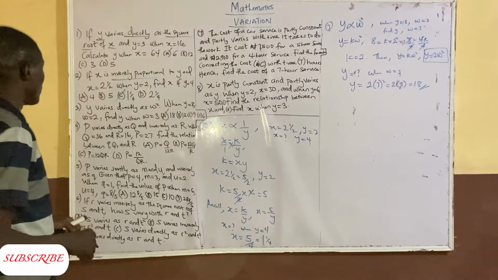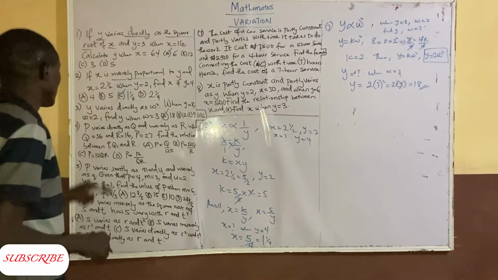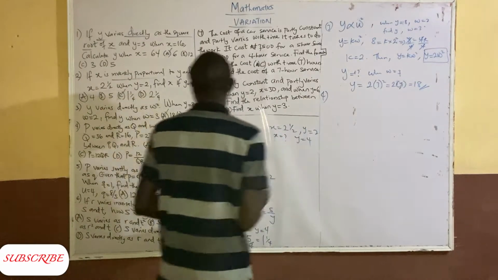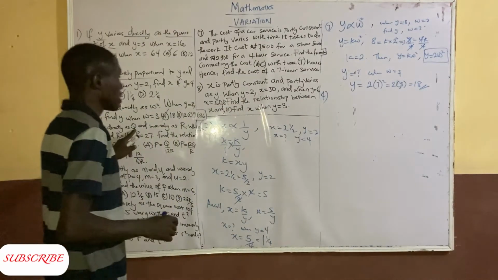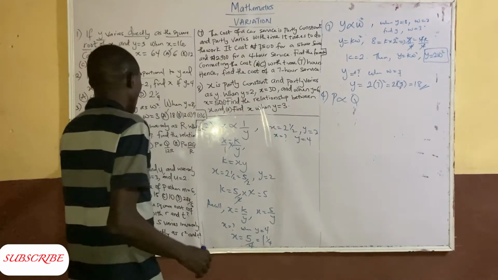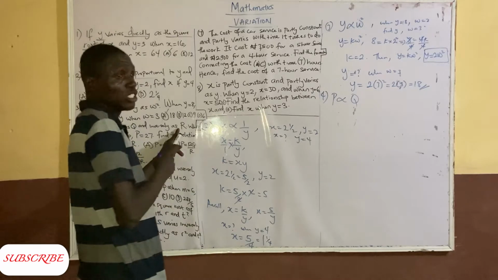So next one, number 4. P varies directly as Q and inversely as R. This is a joint variation.